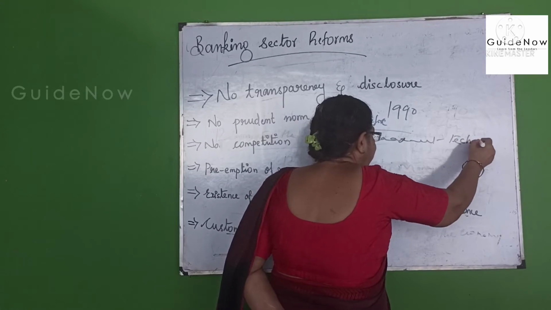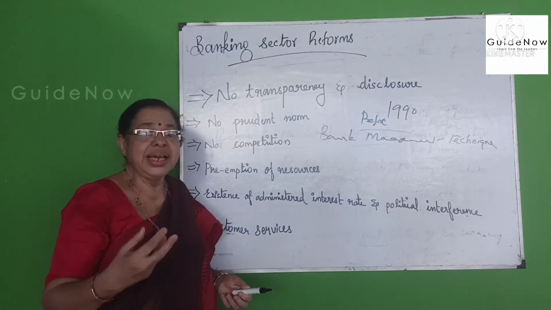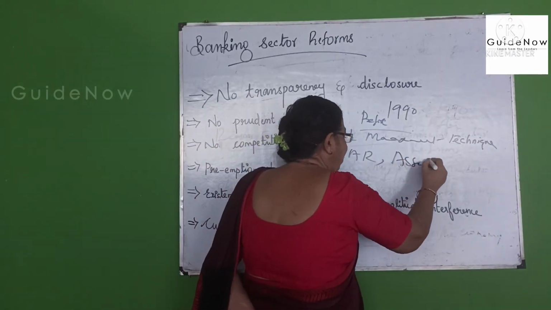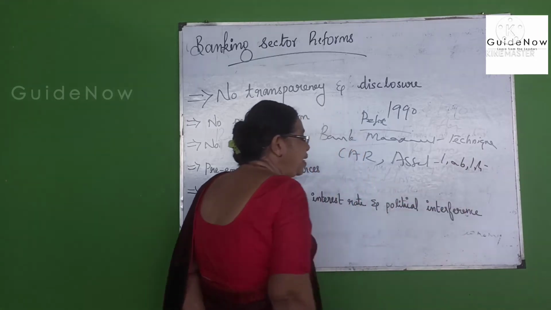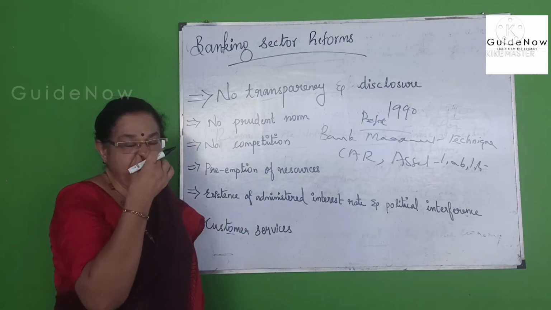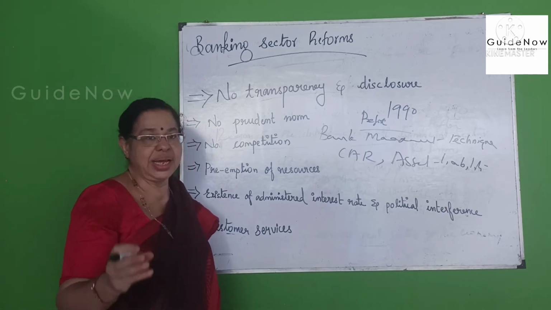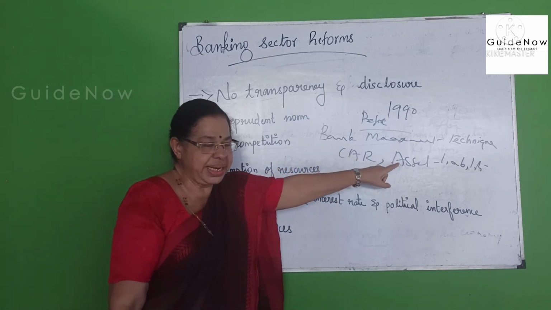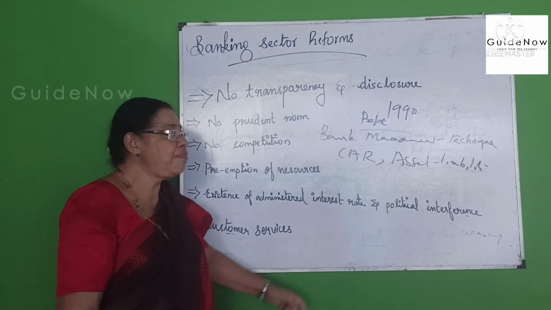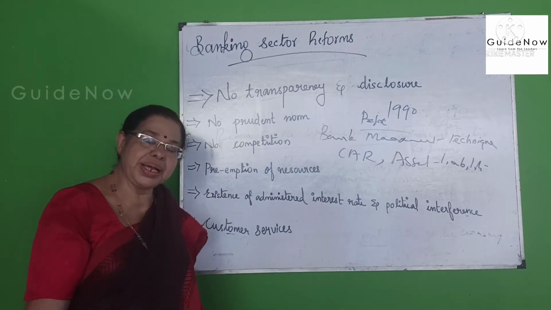That is, there is an absence of proper norms or policy related to bank management techniques, like capital adequacy ratio, asset liability management, then income management, etc. Here there is an inadequacy of proper norms or principles. That is the second important problem faced before 1991.